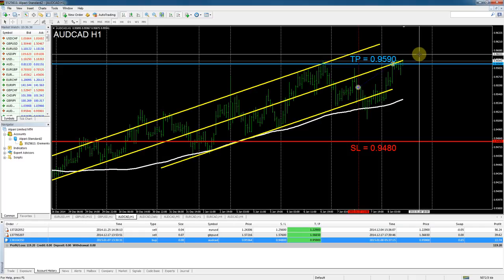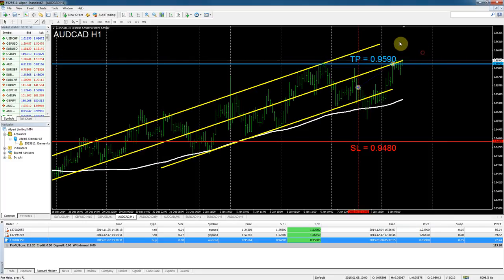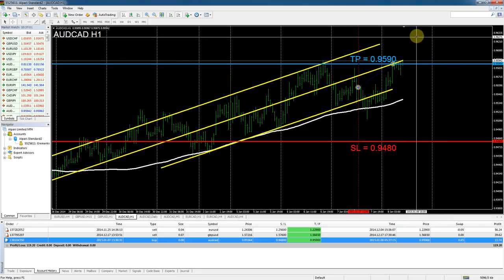So this is also a very crucial part of your trading, to set your take profits at strategic levels, like below or above. In this case, we know that the traders will be hesitant to cross the 0.96 line, and therefore statistically it reduces your chances of profit if you set your take profit above this level.